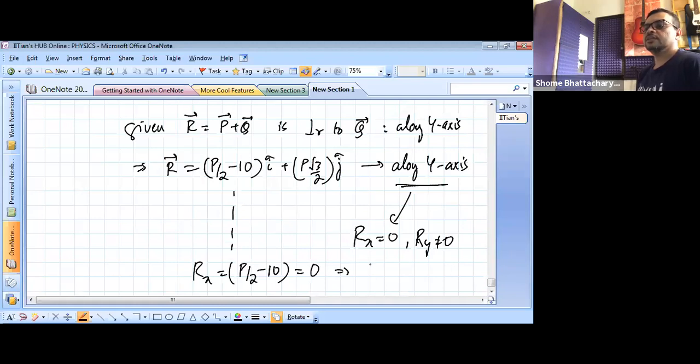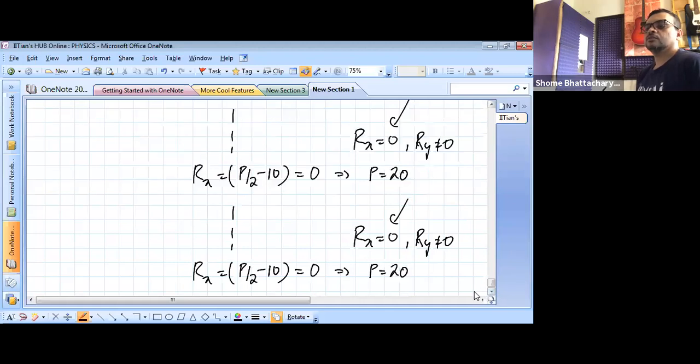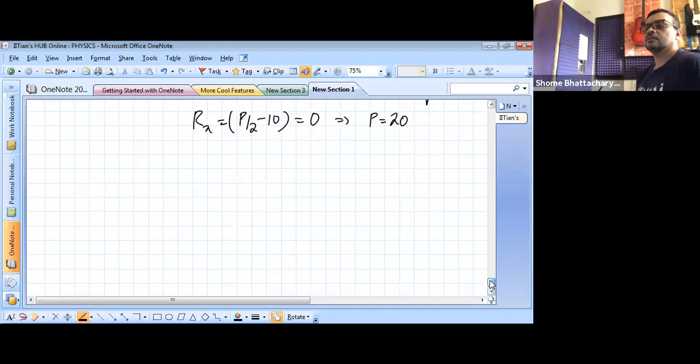So that is telling you that p's magnitude is 20, and therefore the resultant is nothing but 10 root 3 j cap, whereas p in the component form would become 10 i cap plus 10 root 3 j cap. But more importantly, p's magnitude is 20.